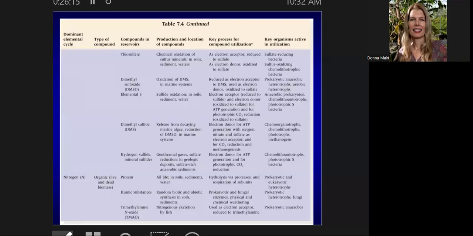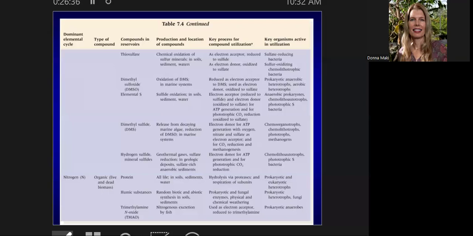And then nitrogen, of course, is found in all kinds of organic organisms, because we're thinking about the proteins. TMAO, trimethylamine N-oxide, is again capable of being broken down.